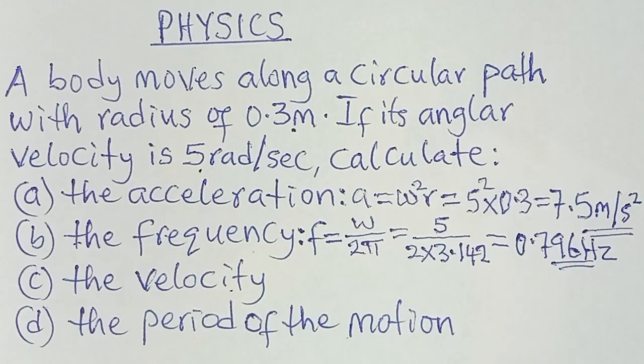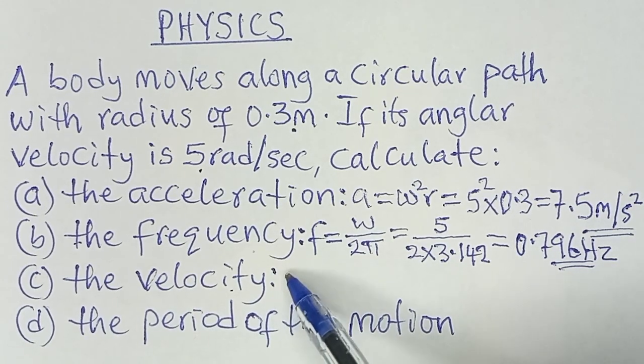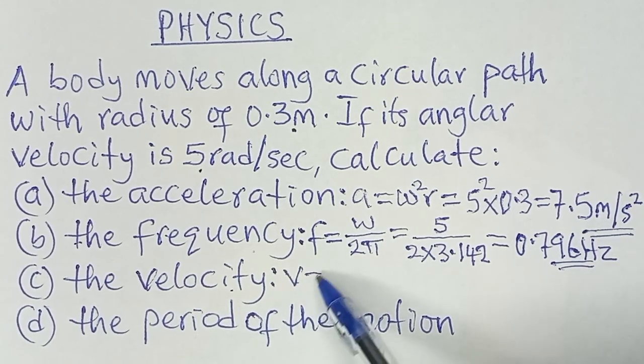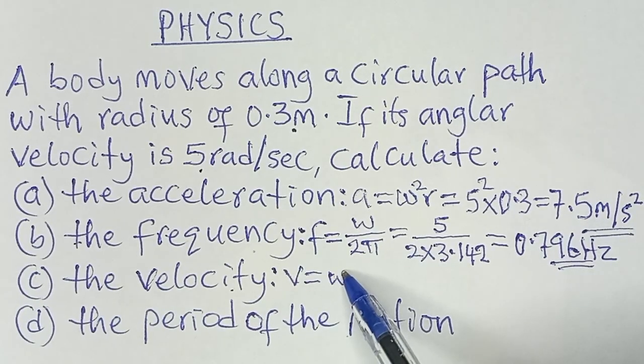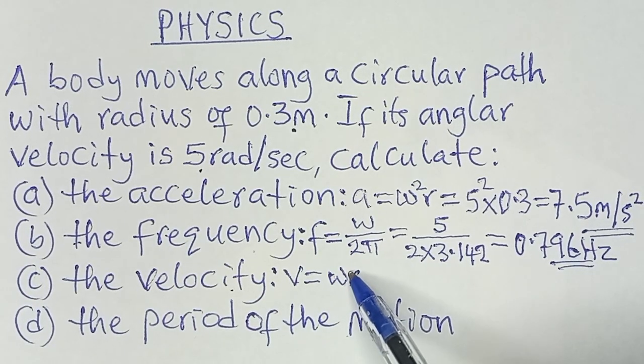Now, the third part of it is asking for the velocity. To calculate the velocity of the motion, we are simply going to use the formula V is equal to omega multiplied by the radius.